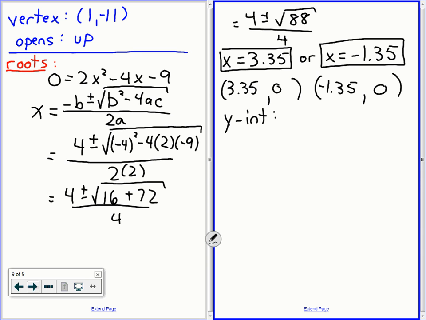Now we save the easiest for last. Alex, can you be brave, please, and give me the y-intercept for this equation? Or write the equation if you need it here. That's okay. So what's the y-intercept going to be here?